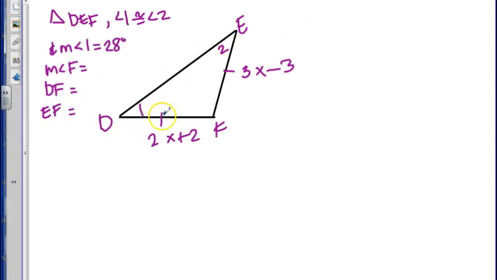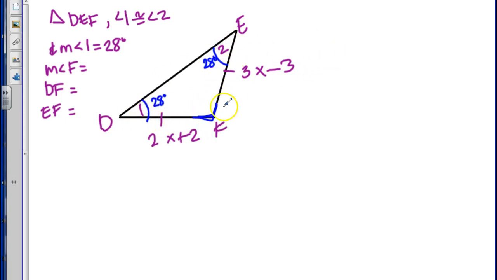Okay, so angle 1 is congruent to angle 2. By the way, if you guys would like to stop the video and go ahead and try these yourself, please do so. All right, so the measure of angle 1 is 28 degrees, which means this one is 28 degrees. I know there are 180 degrees in this triangle, which means I can find the measure of this angle right here of DFE.